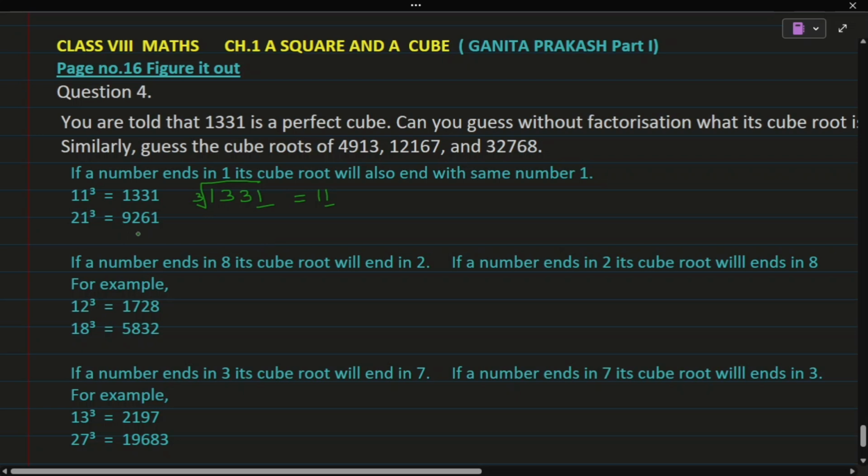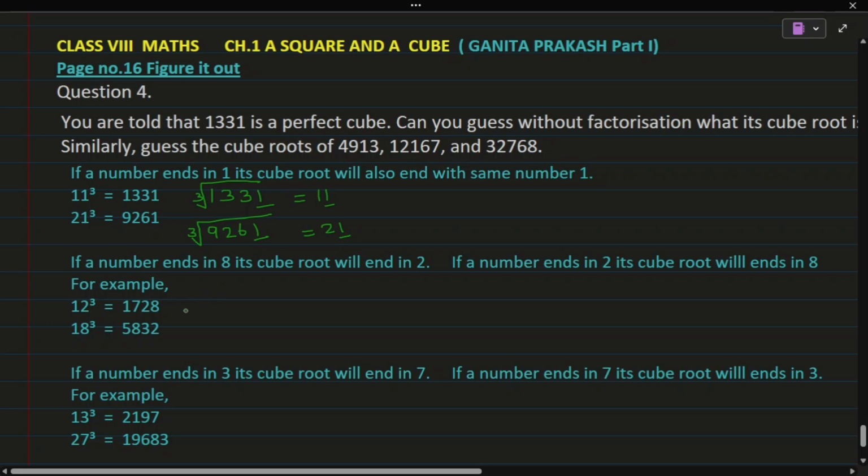And this number 9261 also ends with 1; its cube root is 21, which also ends with 1. So if a number is ending with 1, its cube root also ends with 1. You have to remember this for solving this type of questions.